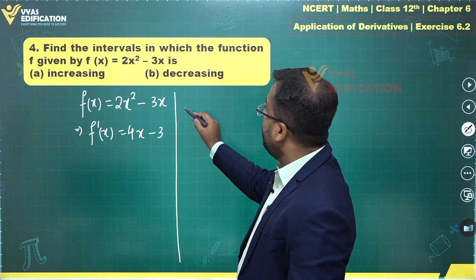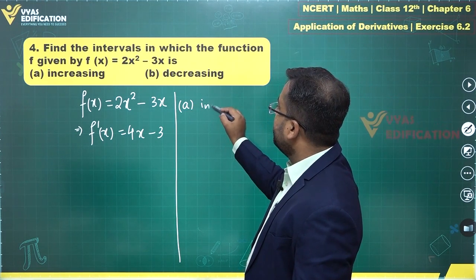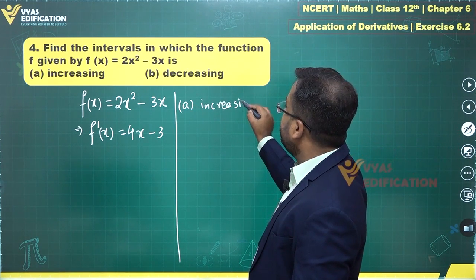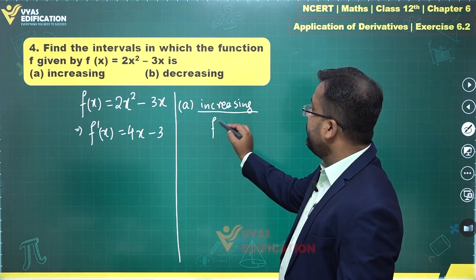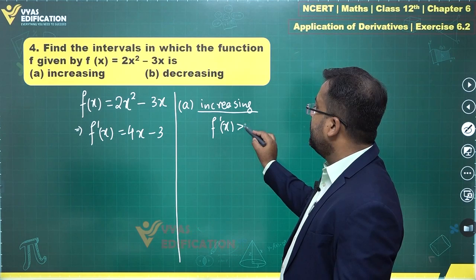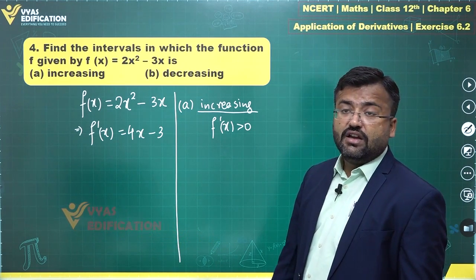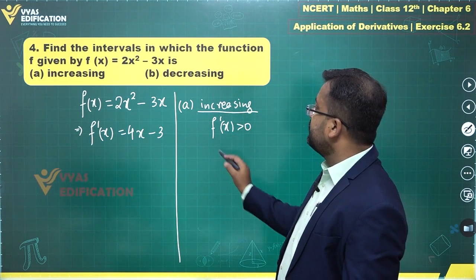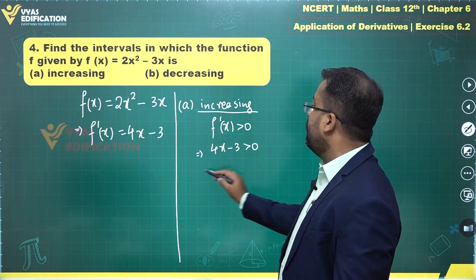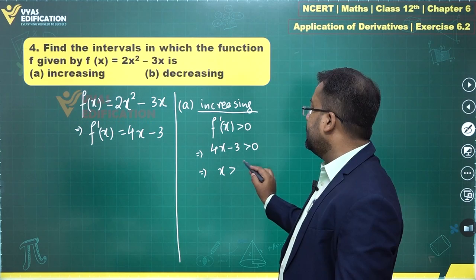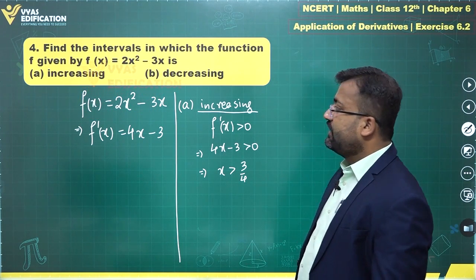And now let's talk about part A, increasing. So for increasing, what do we need to check? For increasing, the derivative f prime x should be greater than 0. This is what we need, right? For an increasing function, this is what we need, which gives me 4x minus 3 greater than 0, or this tells me x is greater than 3 by 4.